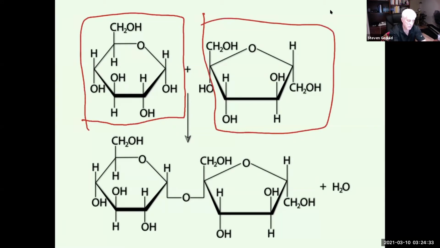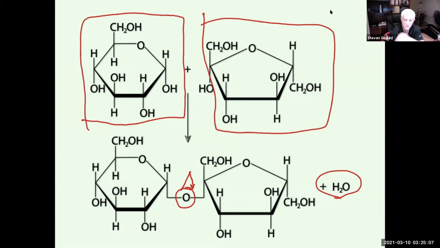When these two link together, this bond, now you've got an OR bond. No more OH in between there. So these are ketals or acetals. Your byproduct was water because that's what you pulled off between them. Just like we did before, same type of reaction, except now you're using a ring structure to do it. This bond here is called a glycosidic bond, which links two sugar molecules together.